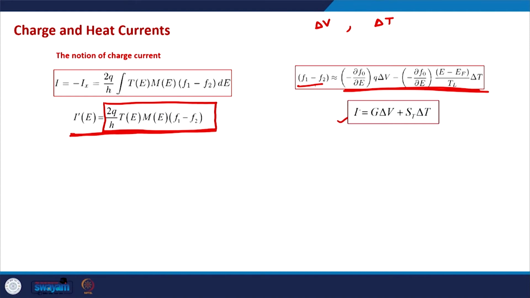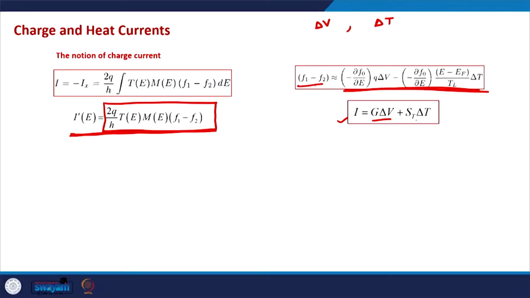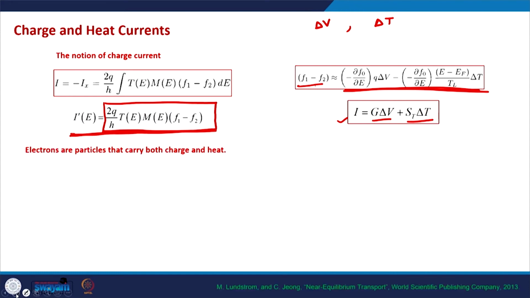So, this is the most general form of the charge current, both in presence of voltage difference and temperature difference. Both of these terms need to be taken into account, and we will discuss more about it in coming slides, but let us take a pause and define the heat current as well.